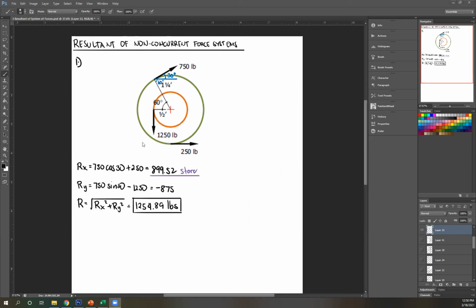Next, inclination. This is squared. We're just getting the value, not equating anything. So getting the value of ry, this is negative 875. That just means your ry is downward. And then r is rx squared plus ry squared.